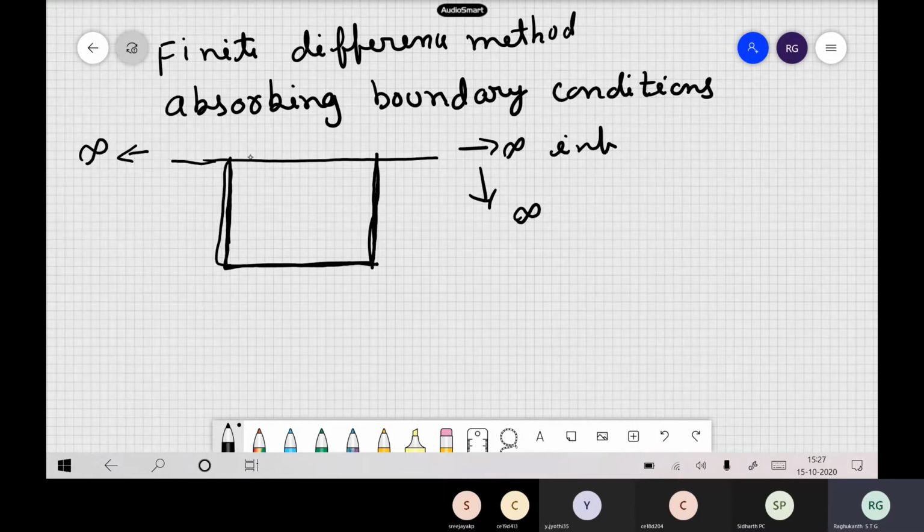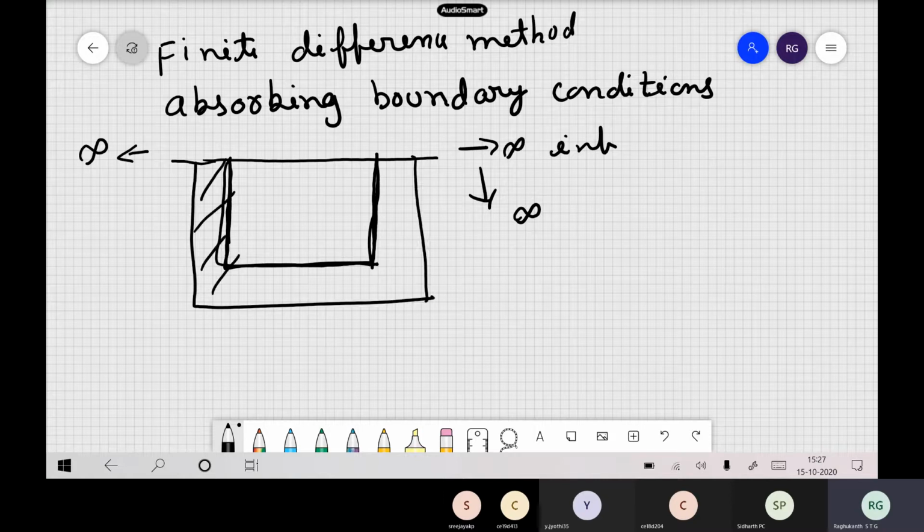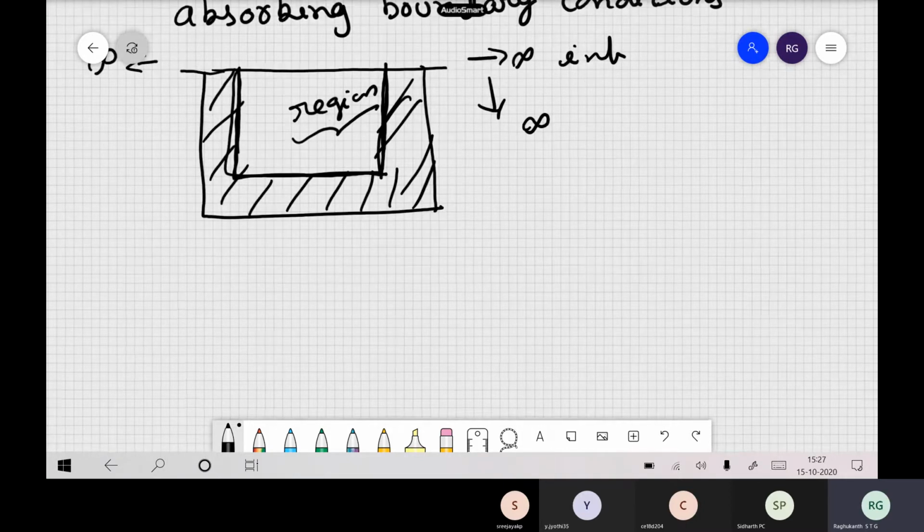Since you can't model the entire thing, we model this region only. This is my original region, which I do in my finite difference method, and we introduce some artificial layers.